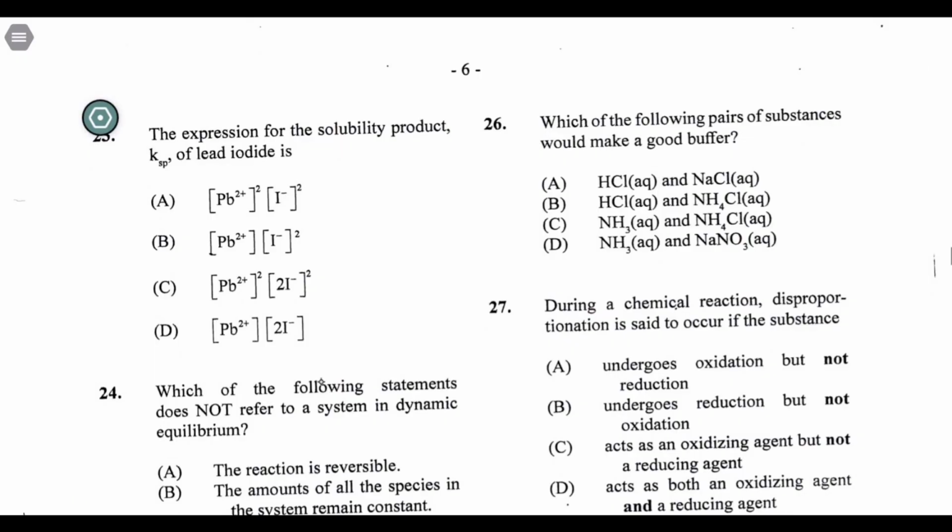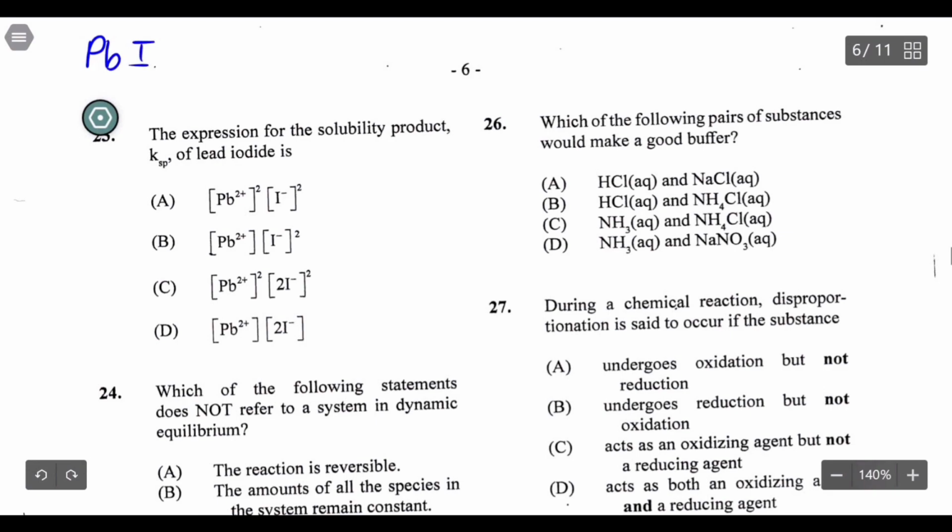Now, what would be the expression for the solubility product Ksp of lead iodide? The formula for lead iodide is PbI2. So, therefore, you would have that separated into Pb2 plus ions and 2I minus ions.